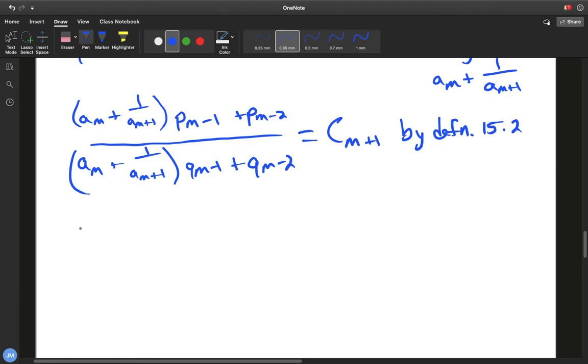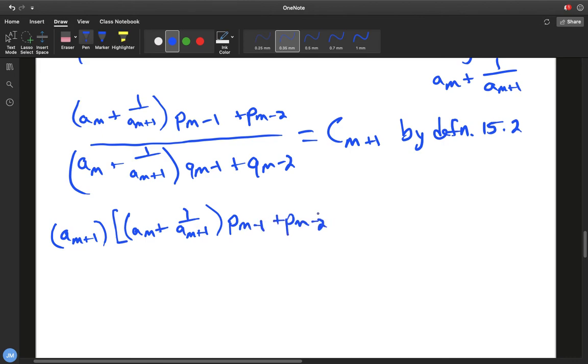So what I'm going to do is multiply both the numerator and denominator by a sub m plus 1. I'm just going to show you for the numerator because it'll work the exact same for the denominator as well. So you're multiplying a sub m plus 1 over a sub m plus 1 by p sub m minus 1 plus p sub m minus 2.